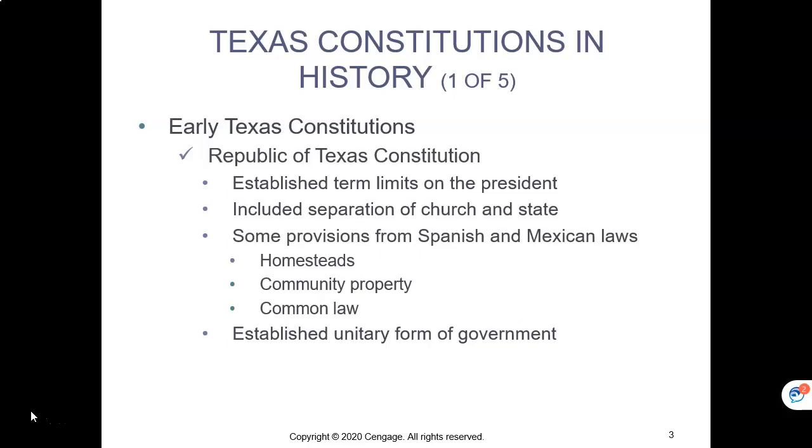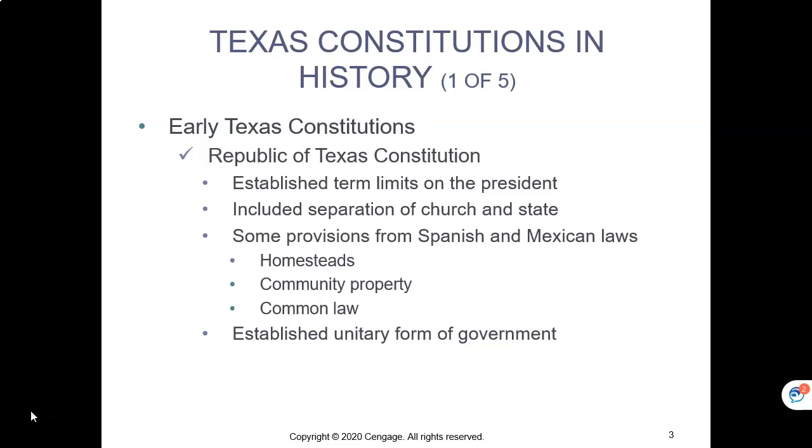The judicial system was difficult to manage. So many times, people would just settle disputes their own way. And even when they would get to the courthouse, there were lots of stories about gunfights at the courthouse.